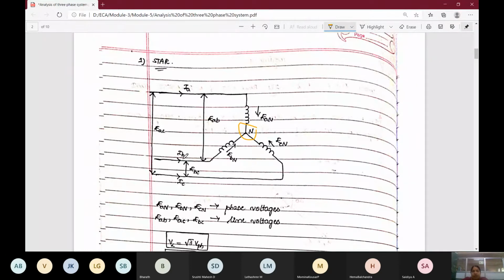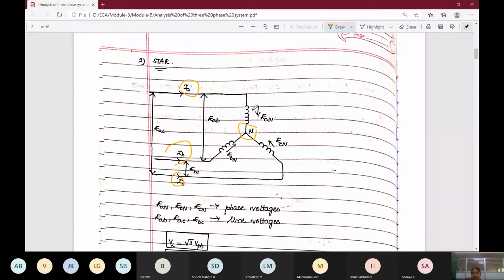One end is connected to the neutral point and the other end is brought outside. Here we show three terminal points. From one terminal point, the current IA, then the second, the current IB, and the third is the current IC. And the differences in voltage EAB, EBC and EAC. This is how the star connection of a three-phase system looks.